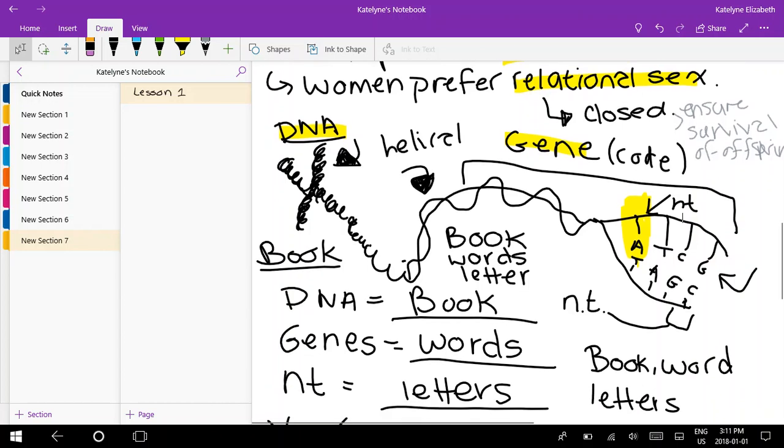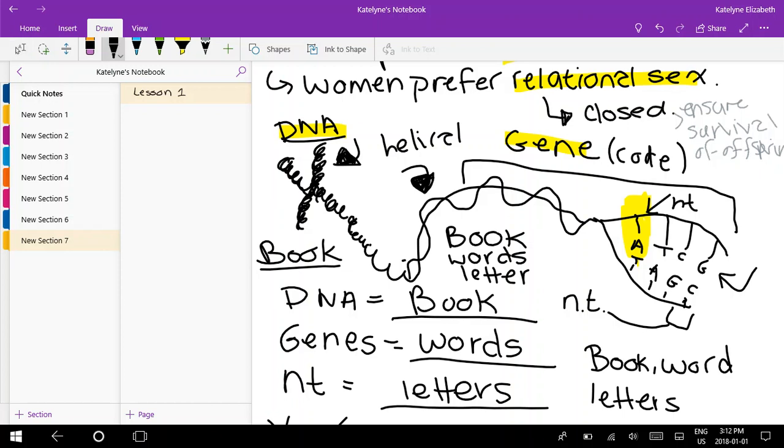And the nucleotides would be the letters, because they're the very, very small units that make up the words. But they are so fundamental. Even one change in a nucleotide can completely affect that gene. So they are fundamental. Well, everything here is fundamental.